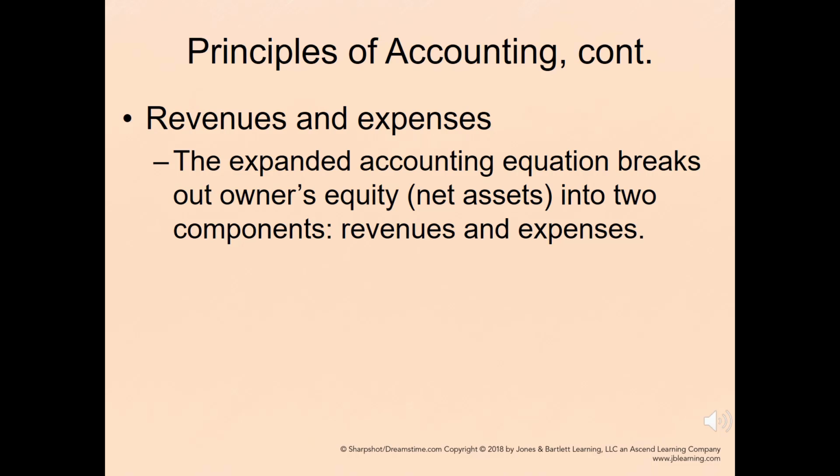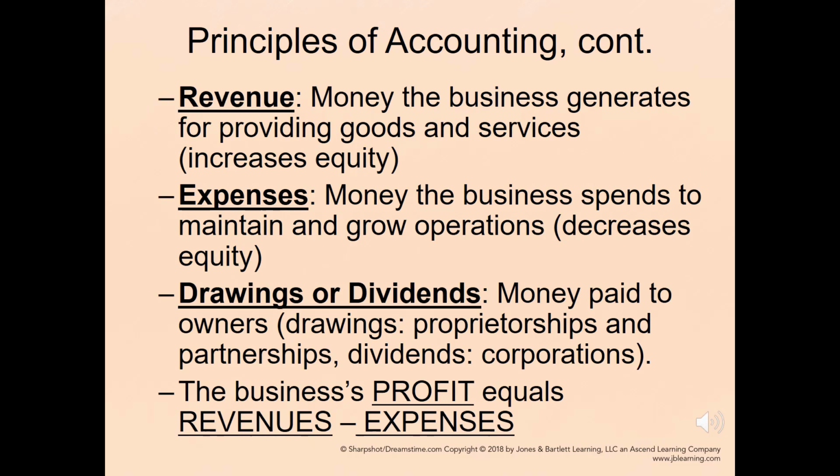Revenues and expenses. The expanded accounting equation breaks out owner's equity into two components, revenue and expense. Revenue: money the business generates for providing goods and services. It increases equity. Expenses: money the business spends to maintain and grow operations. It decreases equity.